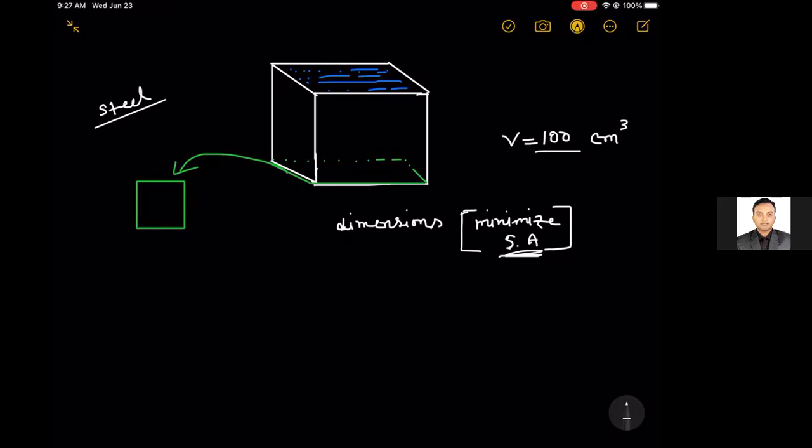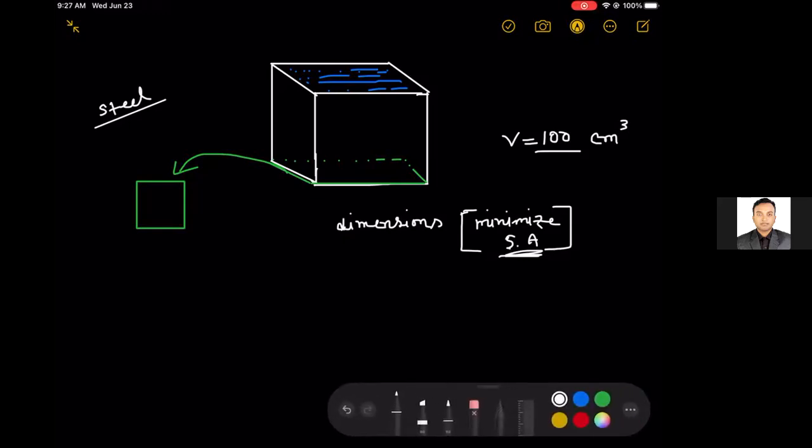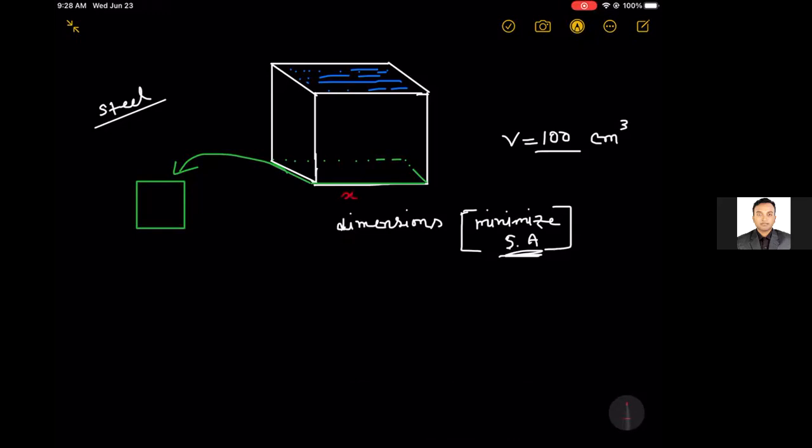First of all, if I say that the length, what should I write here? Let me use a red color. Forget about this particular problem. If I say that for any shape, my length is x, width is y, and height is h, can you tell me the formula for the volume of it?